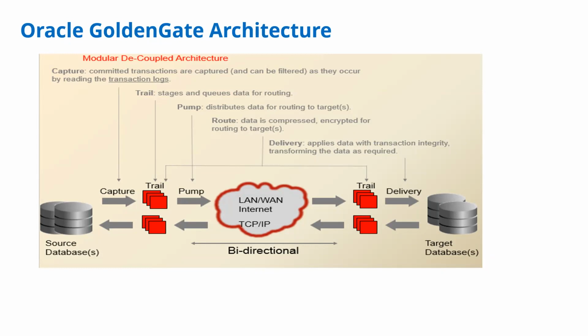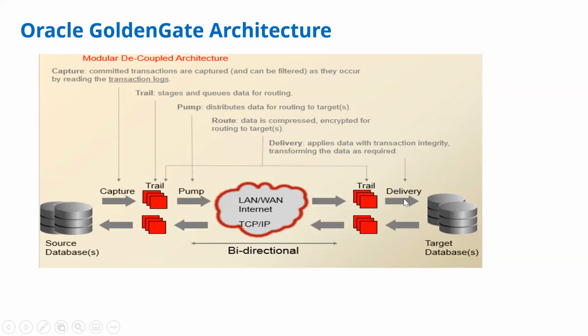Okay, so whatever changes happen to the database, those changes get written into the transaction logs of the database. Once those changes are written into the transaction logs, GoldenGate capture, which is also called the extract process, extracts the changes. If you see on the screen, the capture process is also known as extract process, and you see the delivery process here as well.